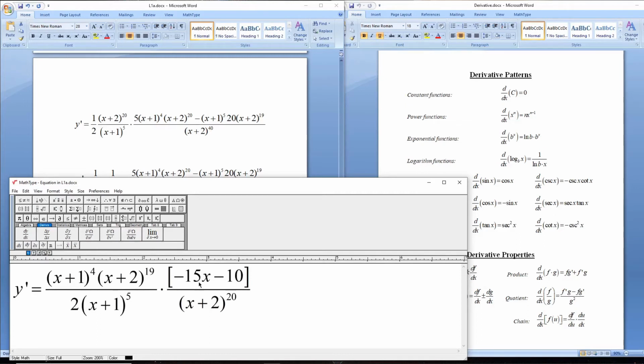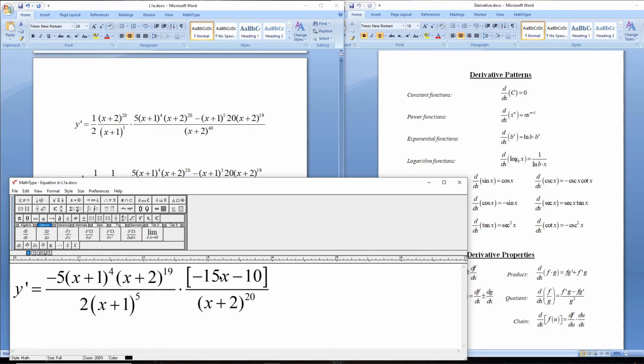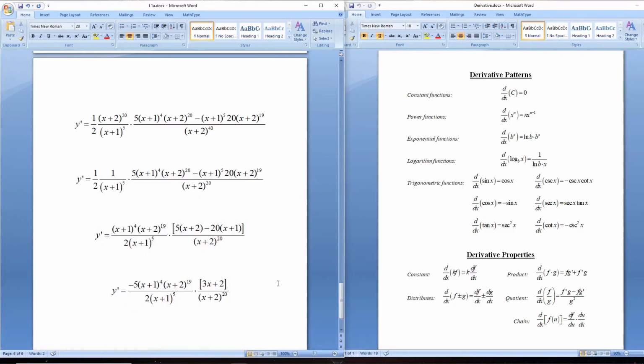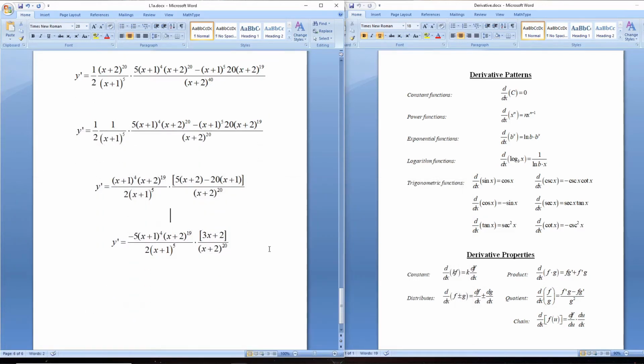A minus 5 would actually be pretty common to pull out here, because they both have a minus sign as well. And there it is. The final cleaned up answer. It's about the best it's going to look.